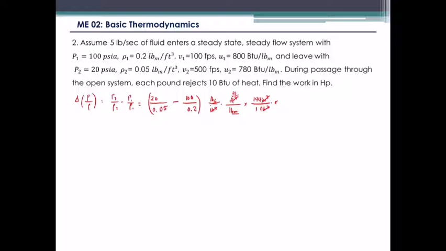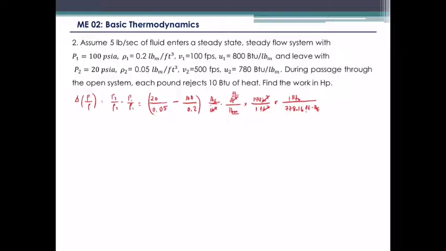We have the conversion factor: 1 BTU is 778.16 foot pound force. This foot pound force is a unit of work, and we want to convert it to BTU.